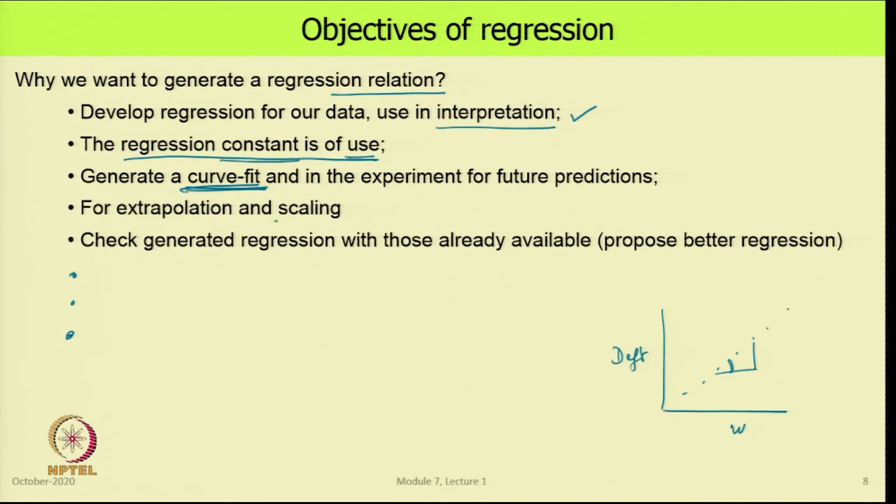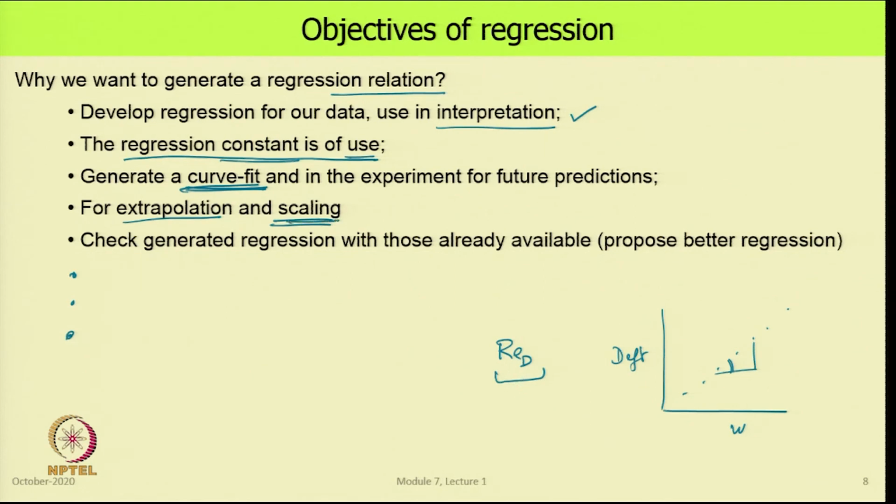Then we would like to do something on scaling and extrapolation. If a parameter has dimensions, we generally cannot scale it, but if we make a non-dimensional number out of it, like so many non-dimensional numbers we come across in various engineering disciplines, say like Reynolds number, then we know that if we did an experiment with air at a particular Reynolds number, then what we saw there is likely to be the same case with water at the same Reynolds number.